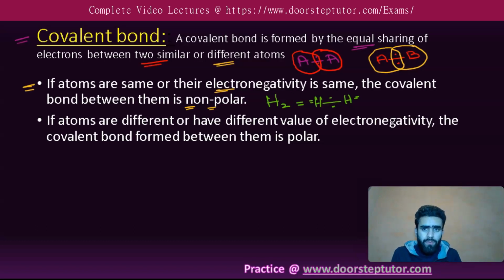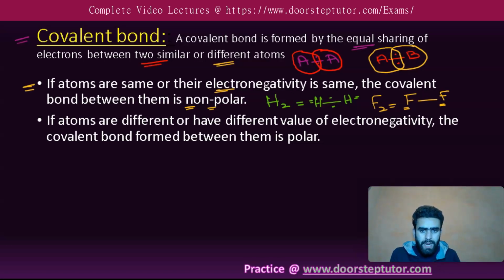Similarly, if we have fluorine, there is formation of a covalent bond between this fluorine atom and this fluorine atom. As we know, both atoms possess the same electronegativity value, so this bond will also be non-polar in nature.